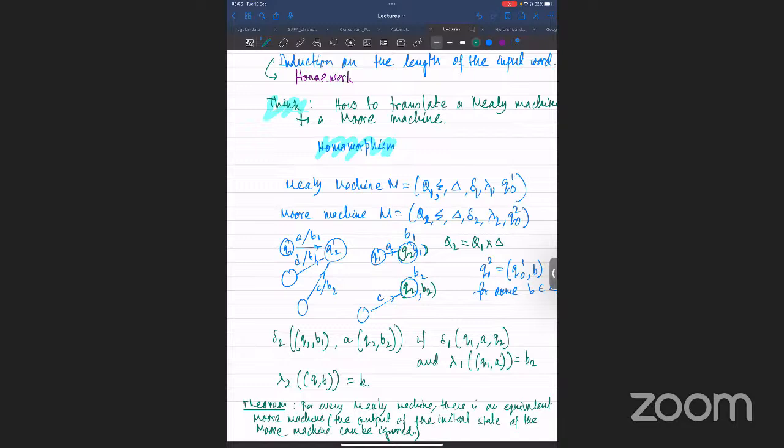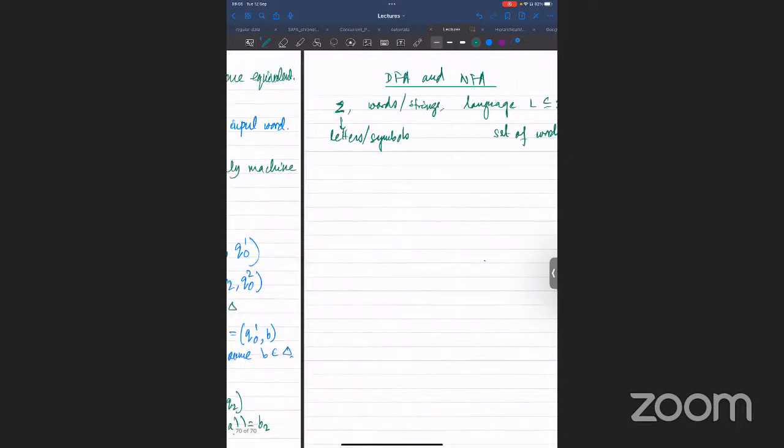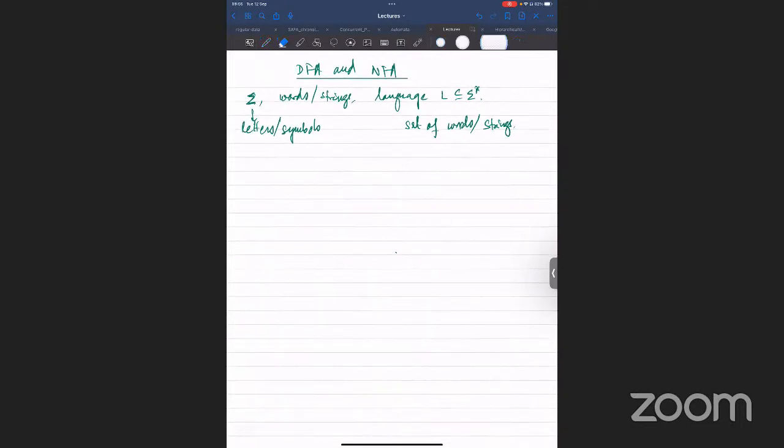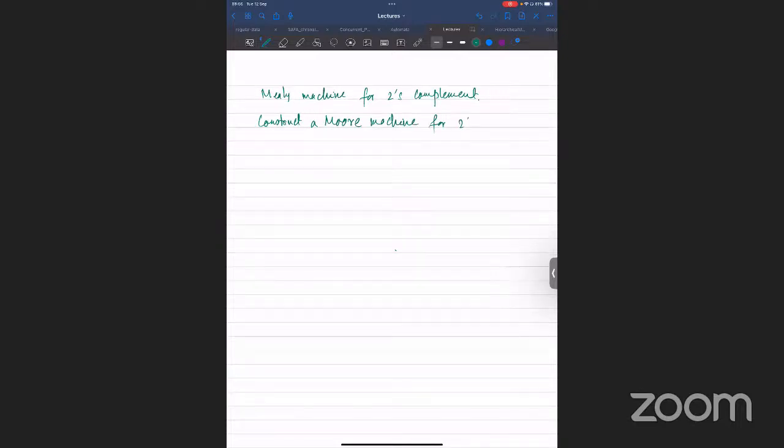Right? So what you could try is something like the following. We looked at, for example, a Mealy machine for 2's complement, correct? So can you construct a Moore machine for 2's complement?